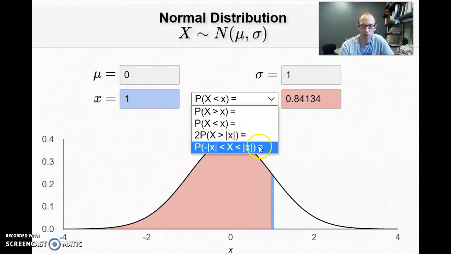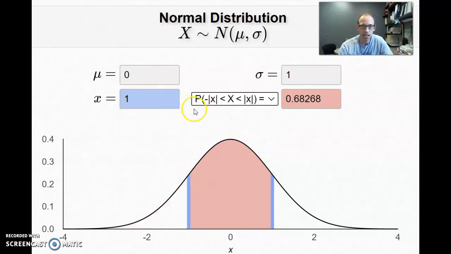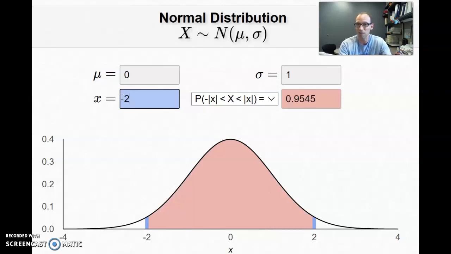So if we wanted to trim that off, we could say the portion that's in between 1 standard deviation below and 1 standard deviation above is 68%. And if we did 2 here, we're going to see that 95%. You can see it's actually 95.5, but 95% is a great rule of thumb. And then here you see that 99.7% is within 3 standard deviations.